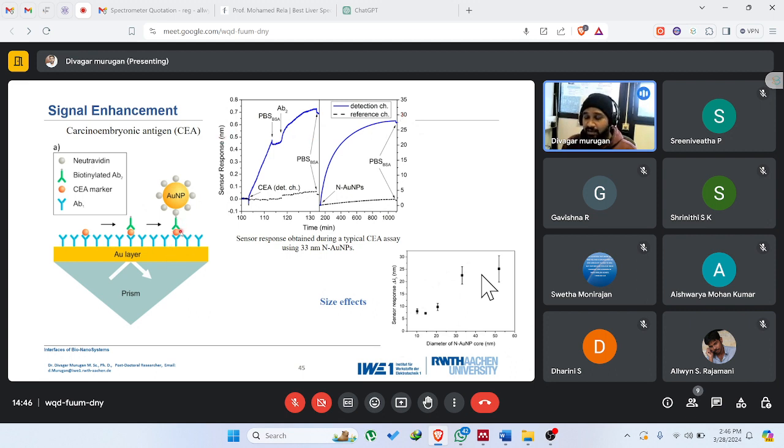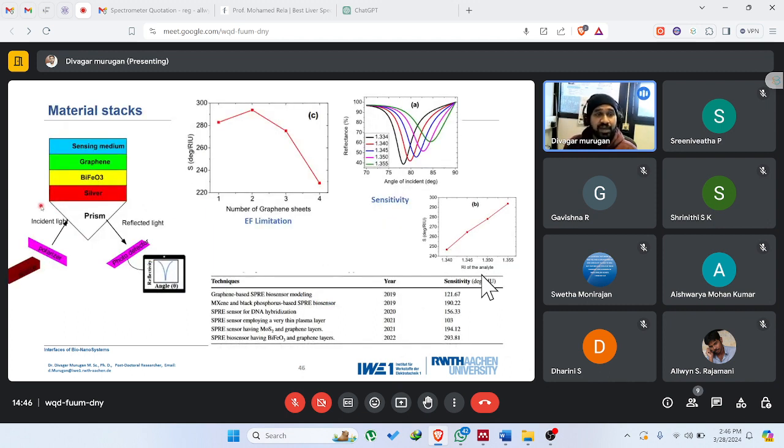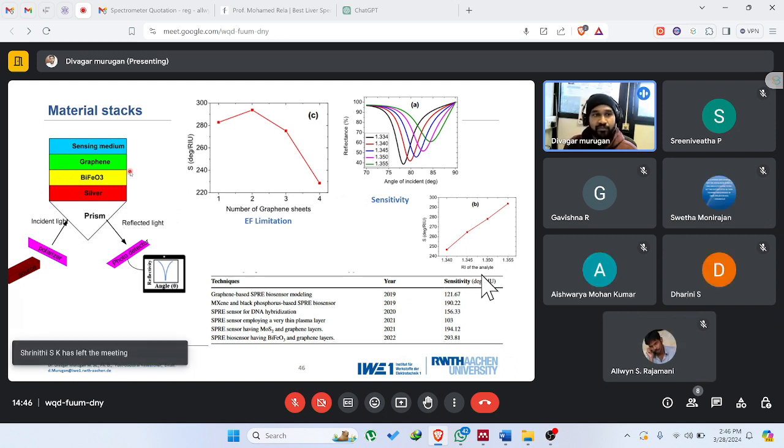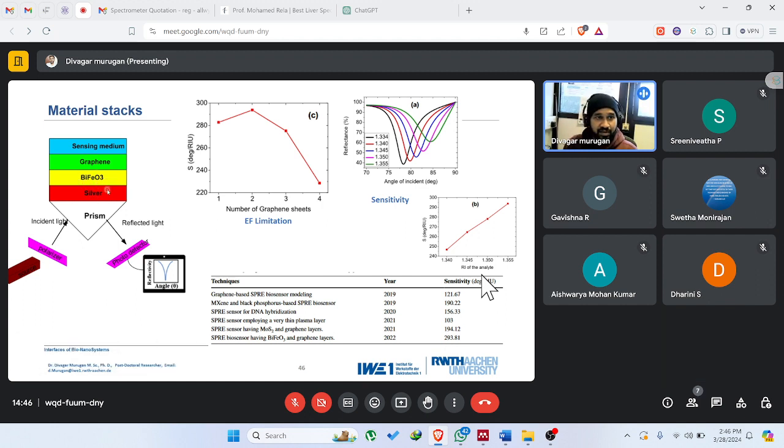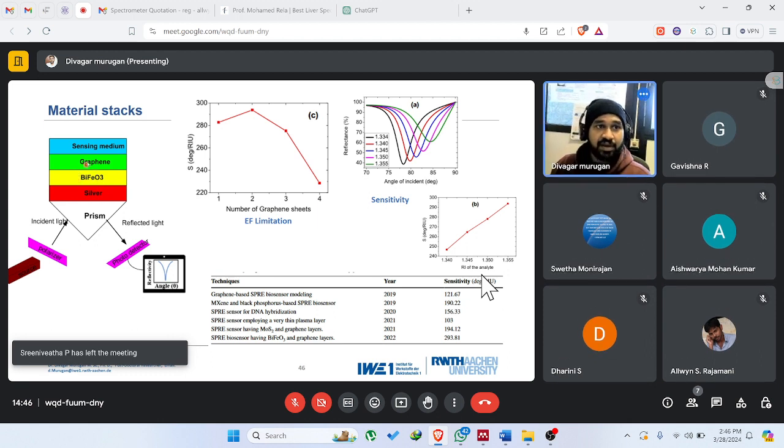And the second method of enhancement is the material stack, where you can put different materials on top of the SPR film. For example, here instead of gold, they have used silver, which is more sensitive than gold. Then they used ferrous oxide, graphene.